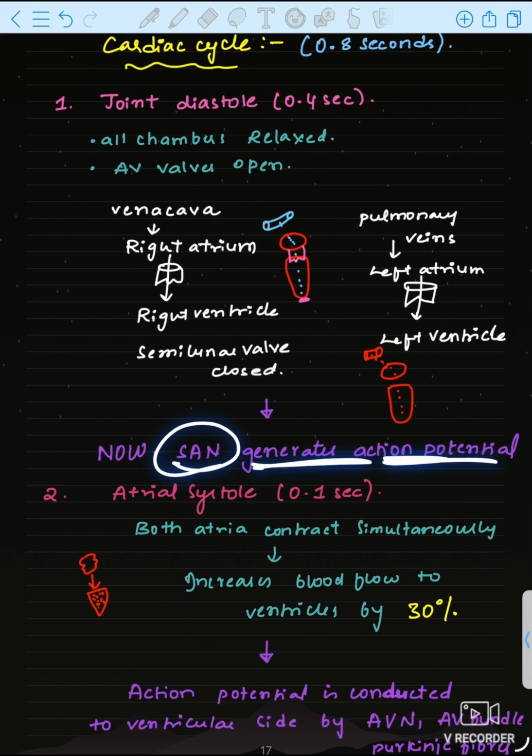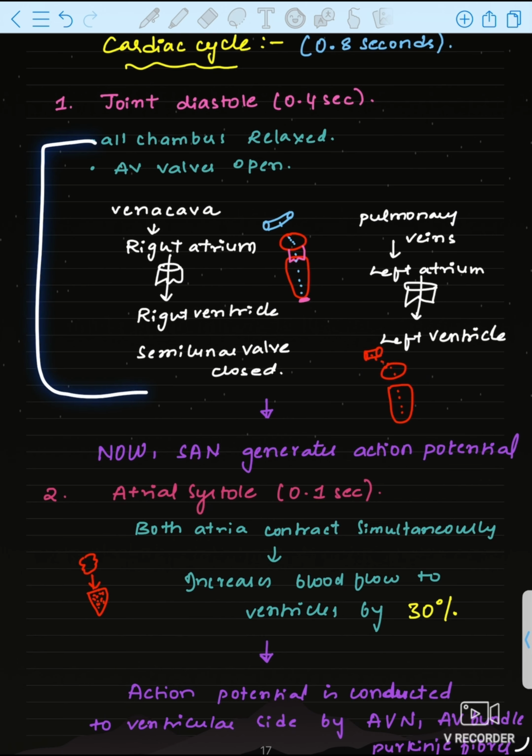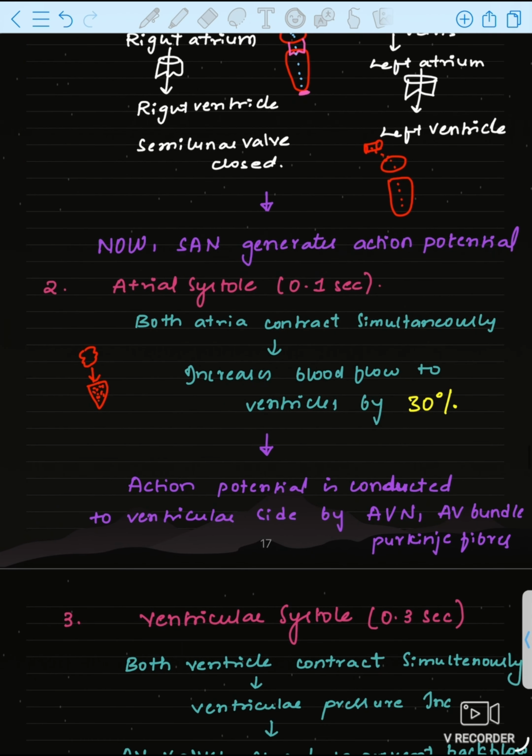Now the SA node will generate action potential. The SA node is present on the right upper corner of the atrium. If action potential is generated, contraction will occur. Whose contraction? The atria, because it is present on the right upper corner of the atrium. After joint diastole, the SA node generates action potential.